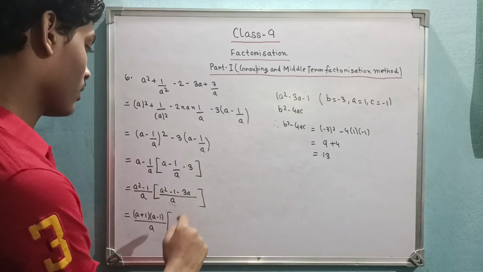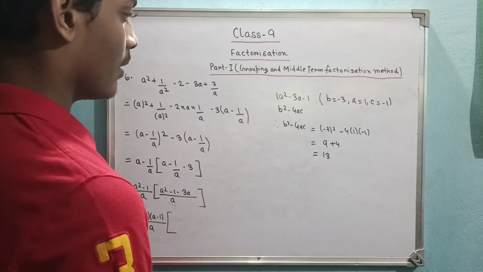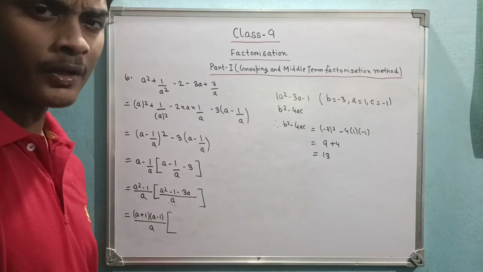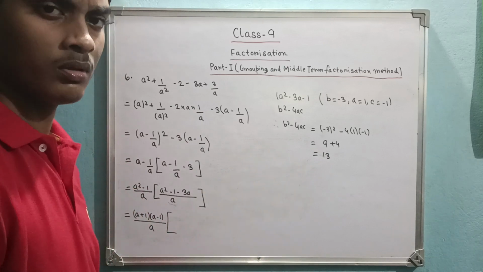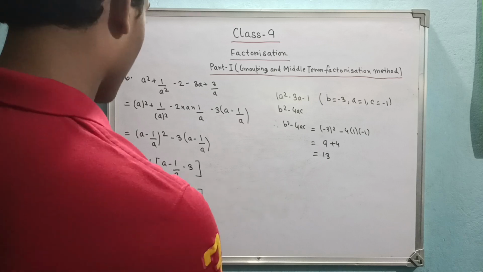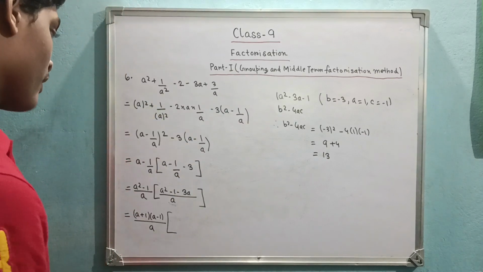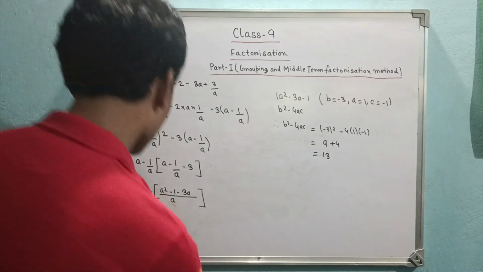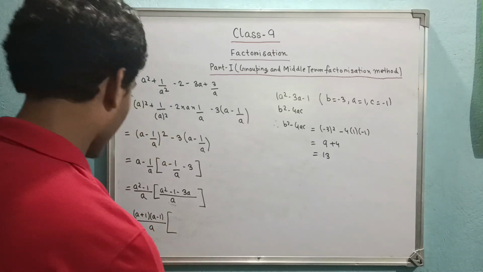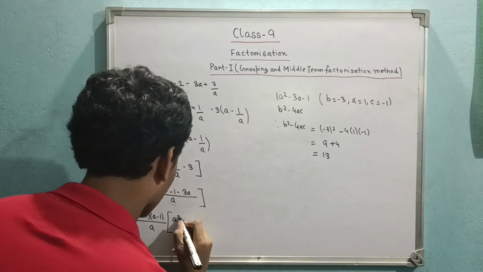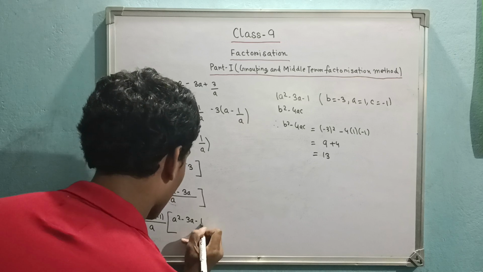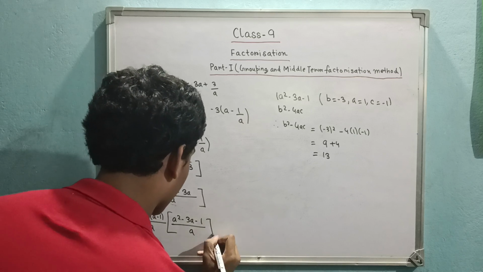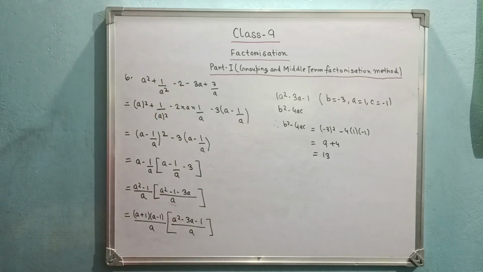But see here, is 13 a perfect square of any number? No. So this equation is not factorizable. So I can write this as simply a plus 1 into a minus 1 by a into a square minus 3a minus 1 by a. This will be your answer.